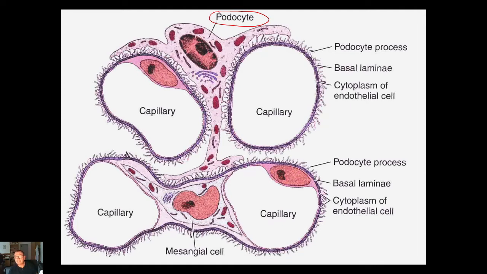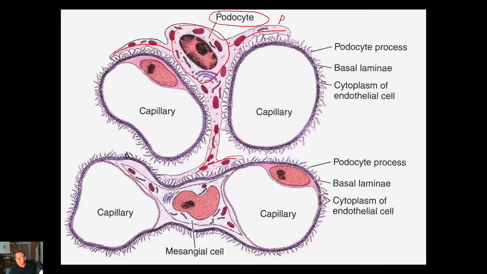You can see that the podocyte has a body, and this body sends processes which are surrounding capillaries of the glomerulus. These are so-called primary processes.